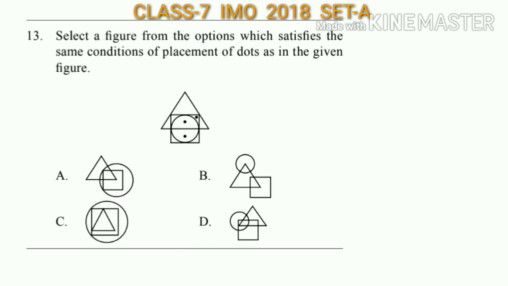The upper dot is placed between the circle, square and the triangle. And the upper right dot is placed in between the triangle and the square, but not in the circle. Now we have to find the figure from the options in which the dots are placed in the same way as the figure shown here. The answer will be option D.